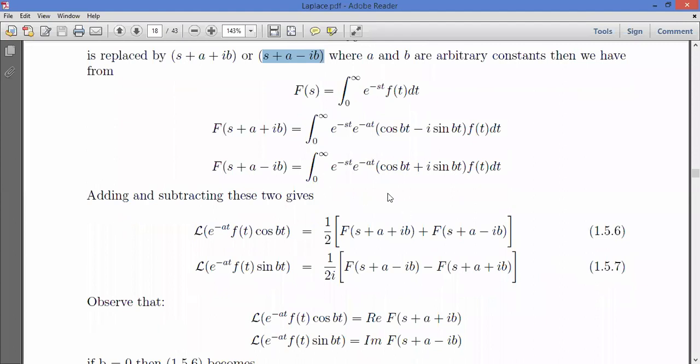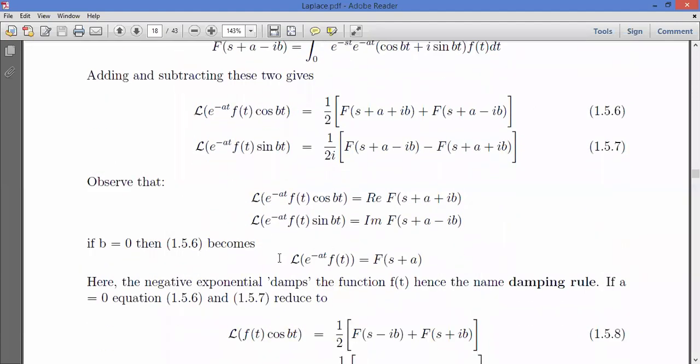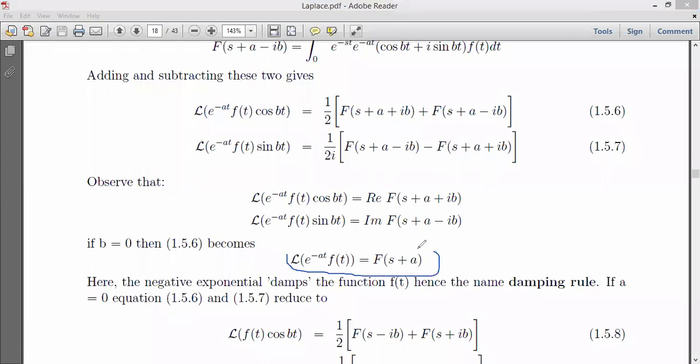This is from your complex analysis. There is nothing much here. These things you have already done. You come and you simplify this, you'll end up with the last term. Of course, if you take the imaginary part of that, if your B is 0, you end up with this statement here.